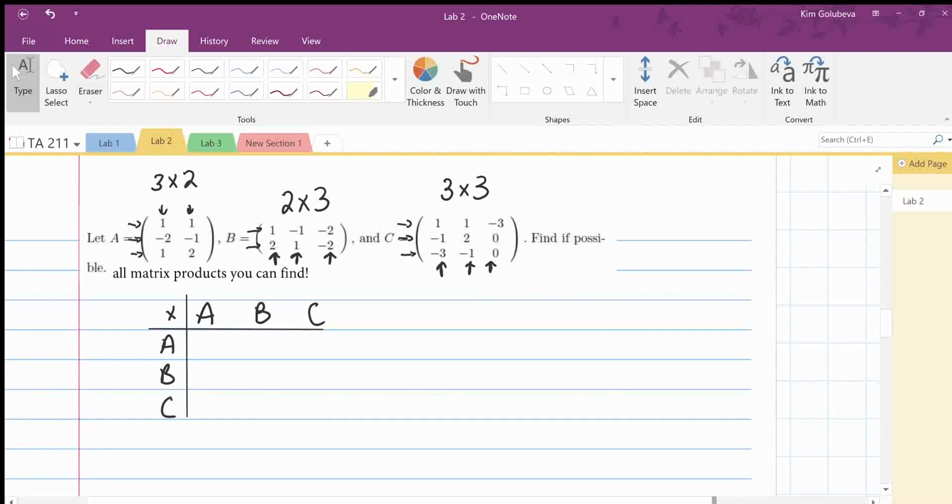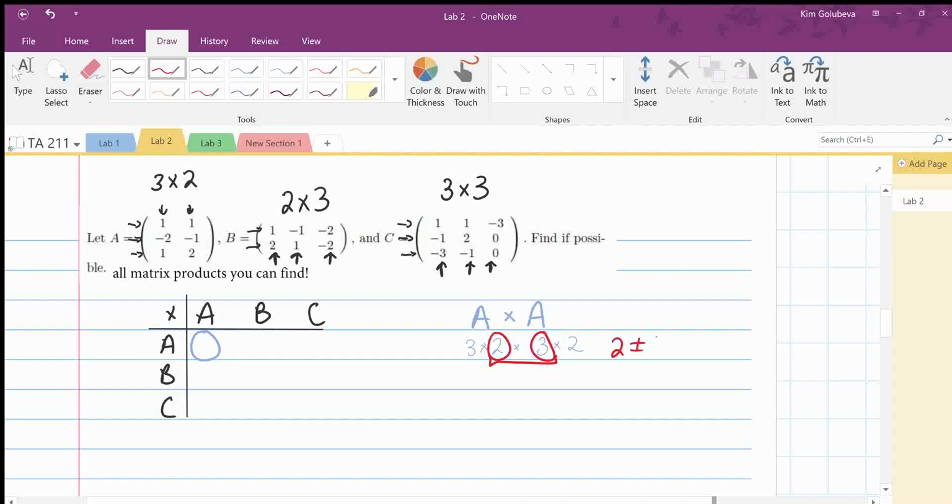So in this entry right here, we have A times A. I'm not going to draw it out, but we'll write the dimensions under it. So we have a 3 by 2 by 3 by 2. Okay, so we're going to look at the inner entries to see if they match, and they do not match.